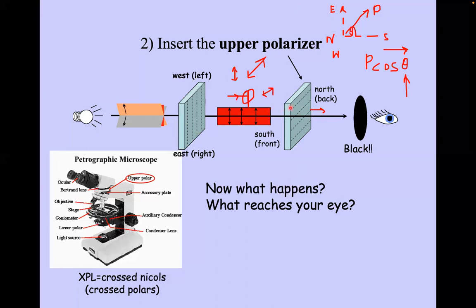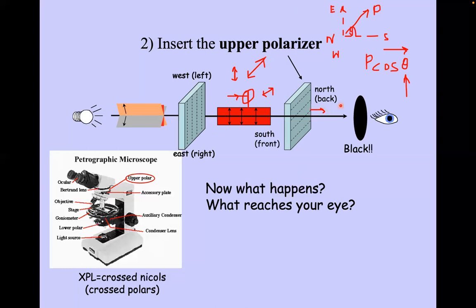That light can pass through, because this polarizer allows propagation along the north-south direction. So if the mineral makes the light slanted like this, there will always be a p cos theta component to pass through the north-south direction. That's why that light can penetrate through this second polarizer.